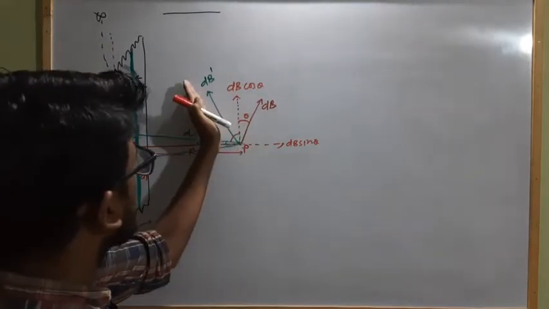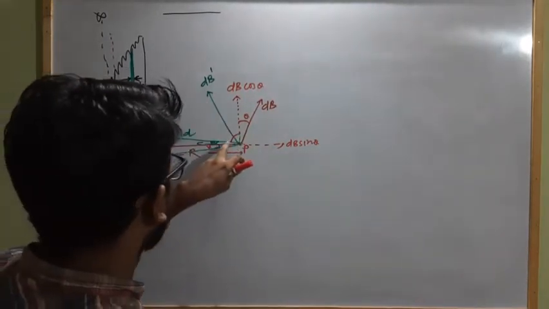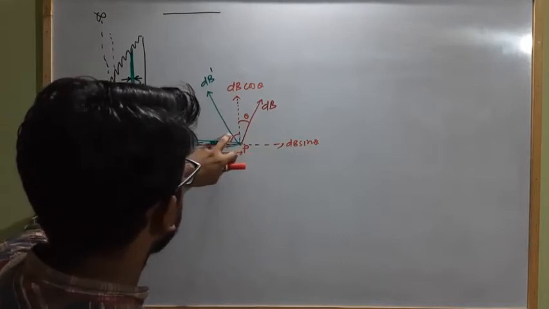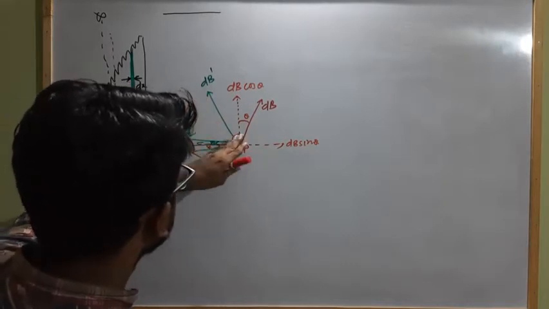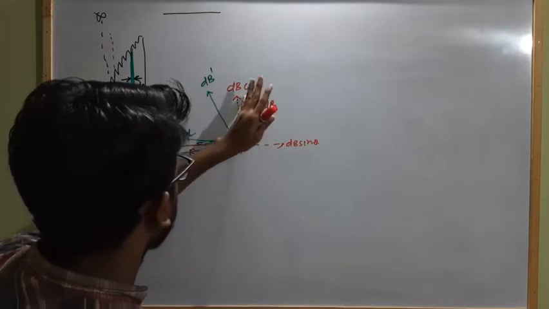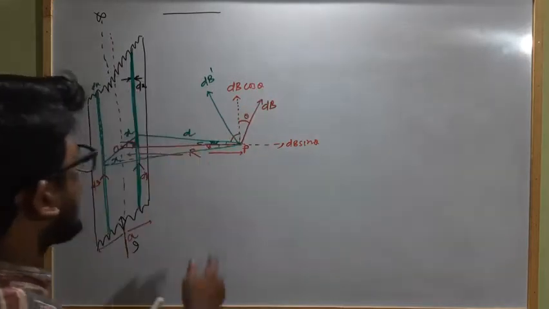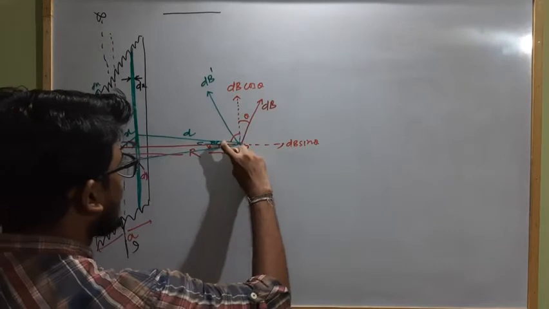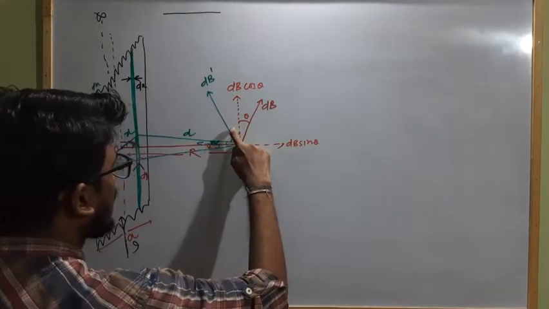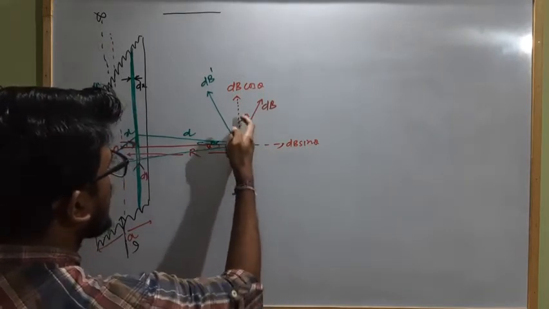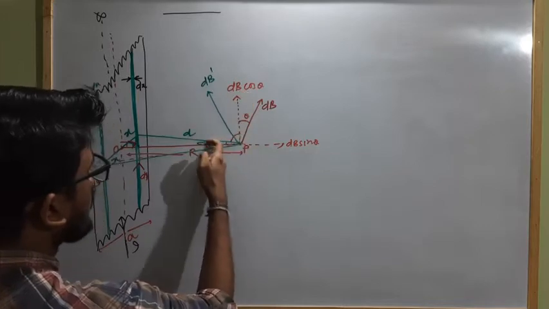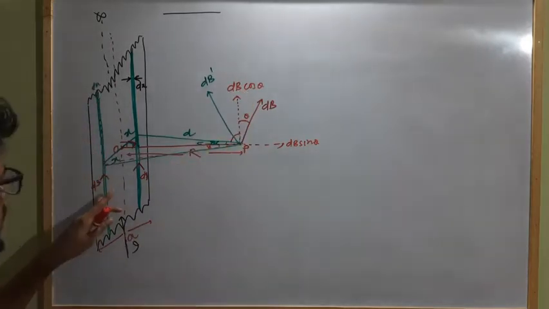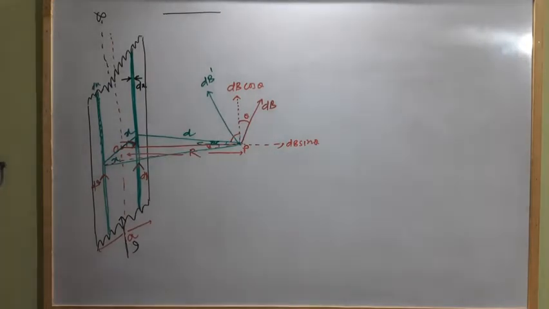This will be dB cos theta, this will be dB sin theta, and this will be dB dash cos theta, this will be dB dash sin theta, and both dB and dB dash are similar. Are you understood?